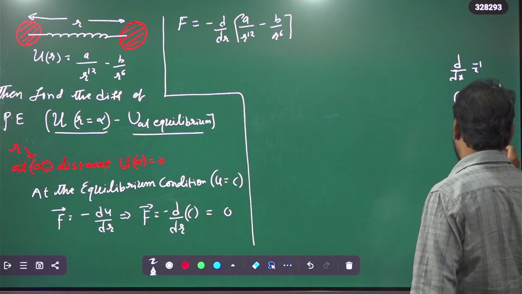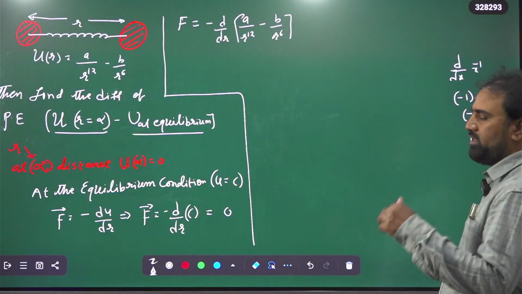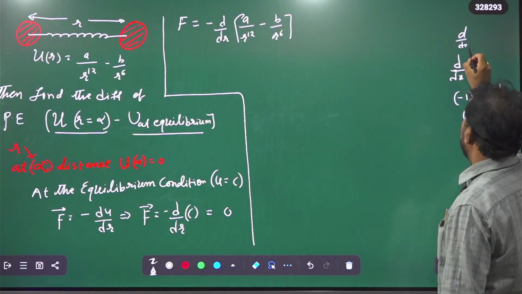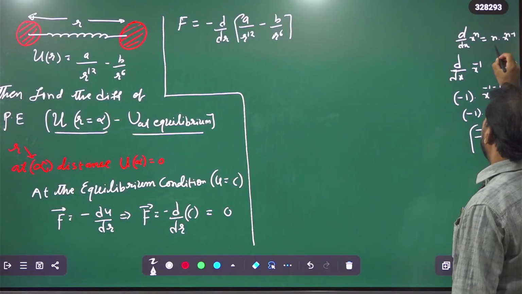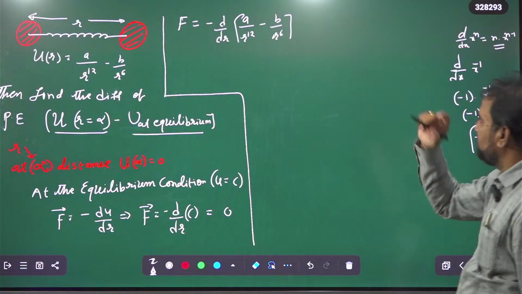In general, d by dx of x to the power of n is n into x to the power of n minus 1. Like that form I have expanded; you should expand like this.